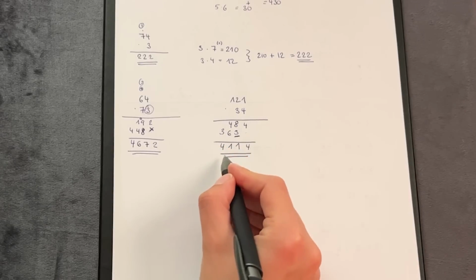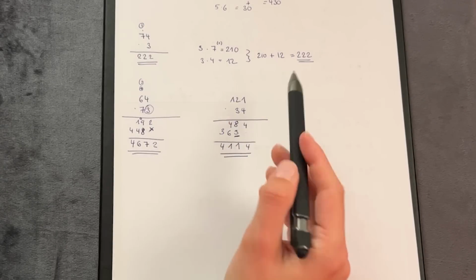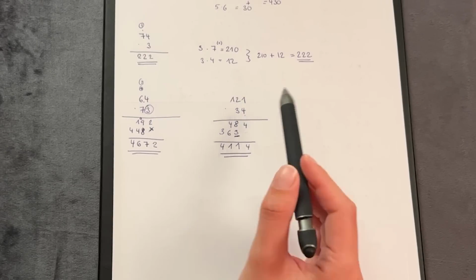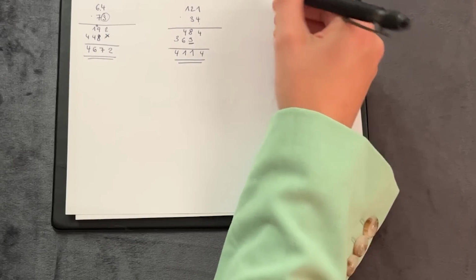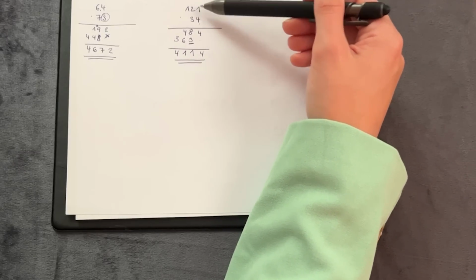Great. So we've got that as well. Okay, so that we have 2-digit numbers, 3-digit numbers.